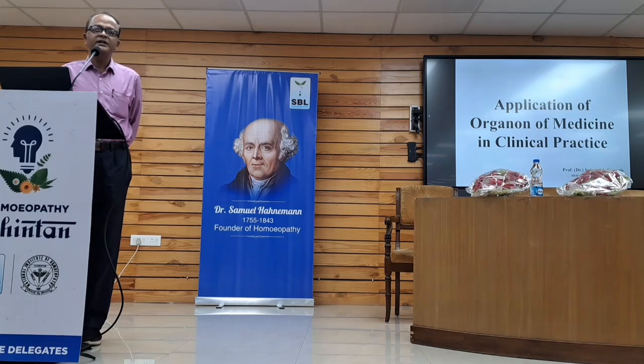Hahnemann has said that in pulmonary phthisis with lung abscess, don't be assured that the patient may feel better, but you have to judge, you have to analyze the case. Because in this condition, when the patient says, I am feeling better, you must consider the totality along with the pathological state. There are various examples.